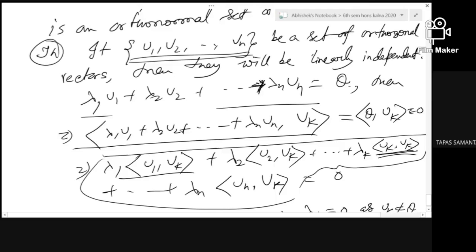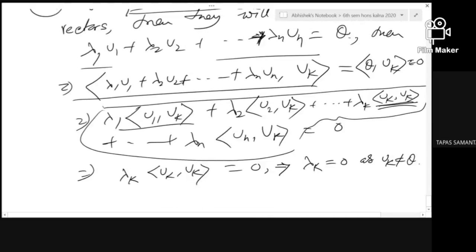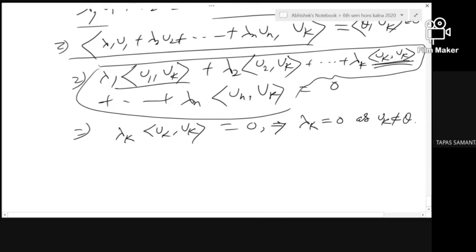So this is true for all k equals 1 to n.